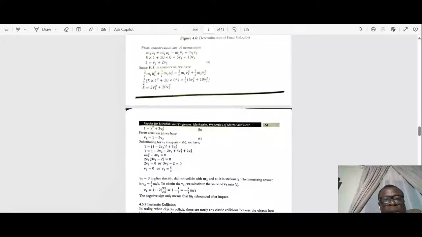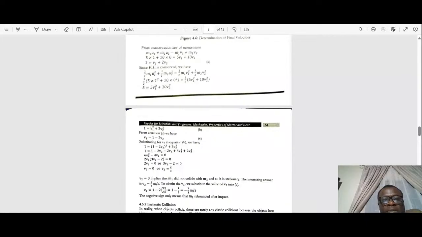So here, v2 being 0 implies that m1 did not collide with m2, and so it is stationary. So the other one, v2 being 2 over 3 meters per second, we need to take this value and substitute in the other equation to give us minus 1 over 3.